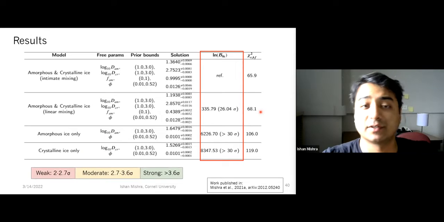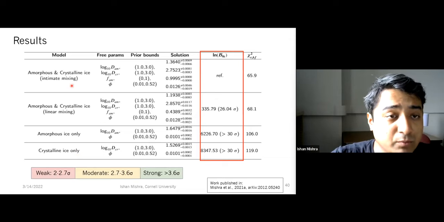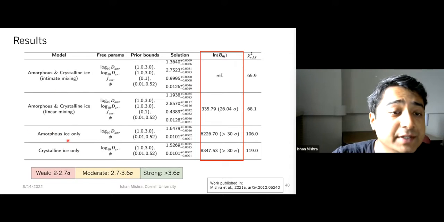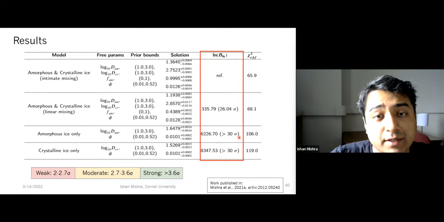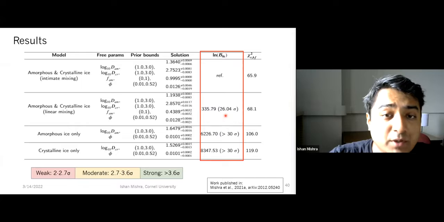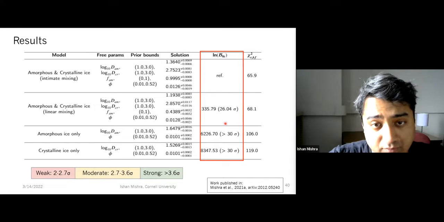So quickly summarizing the results. We compared 4 models, one which had both kinds of water ice for the 2 different mixing schemes, and 2 models which had only one kind of water ice. And in the column here, what we're basically showing is the preference of this reference model over these 3 models.